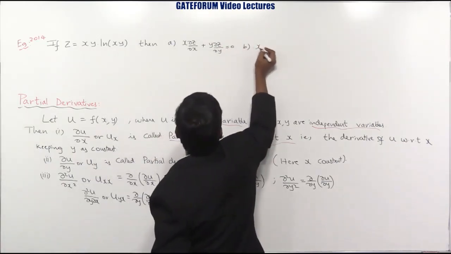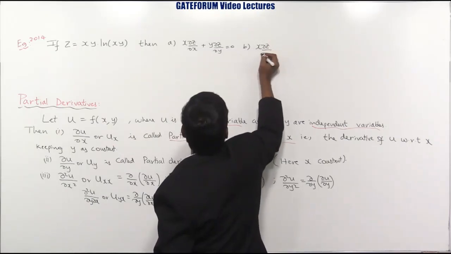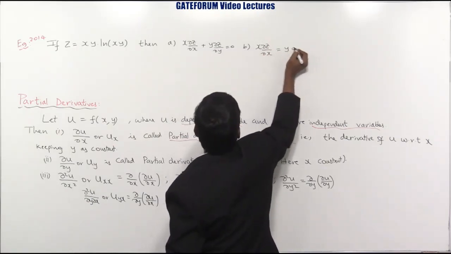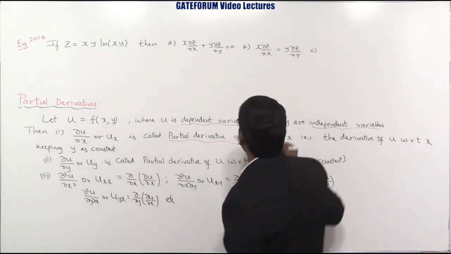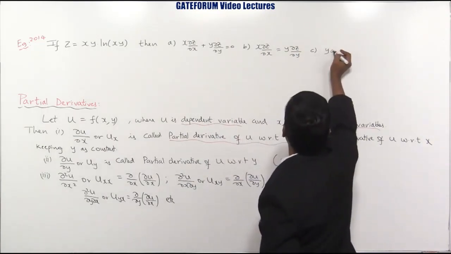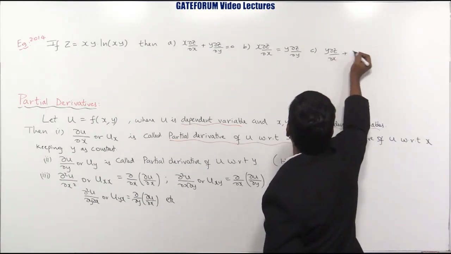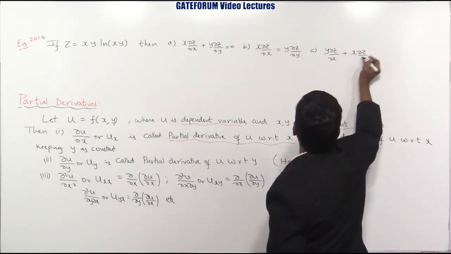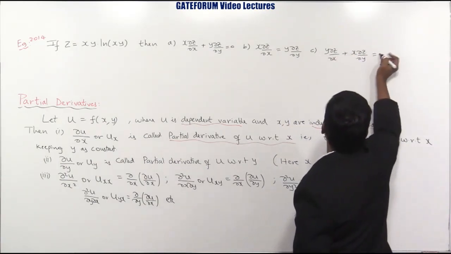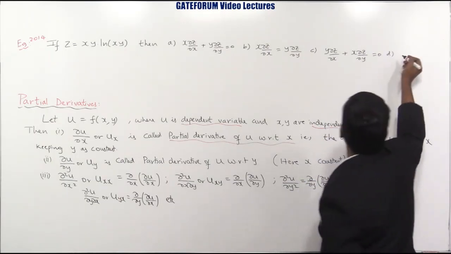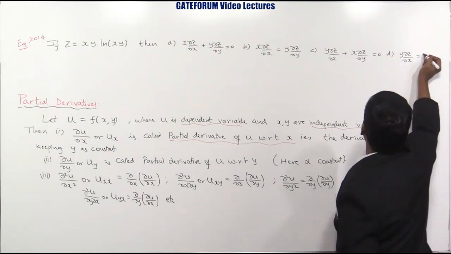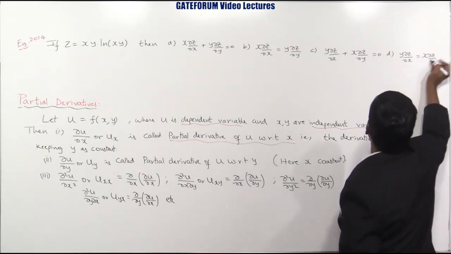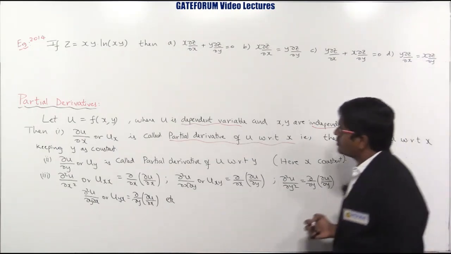B, x ∂z/∂x is equal to y ∂z/∂y. C, y ∂z/∂x plus x ∂z/∂y is equal to 0. D, y ∂z/∂x is equal to x ∂z/∂y.